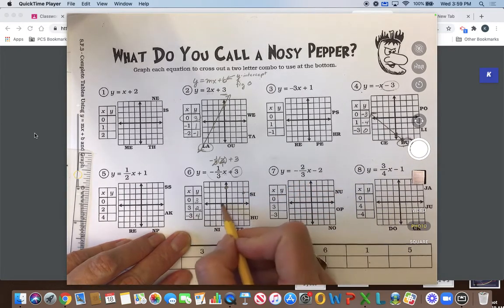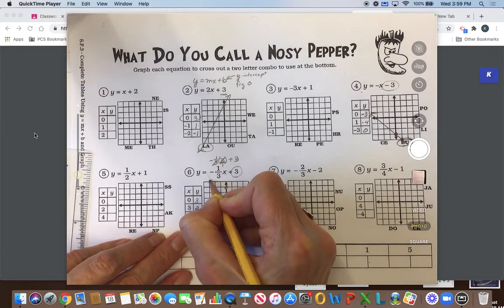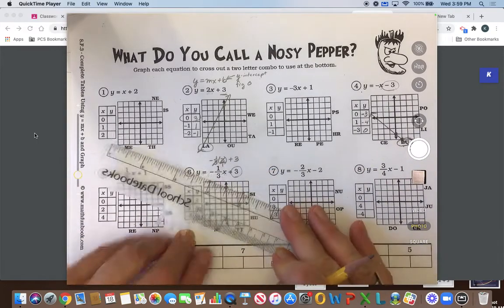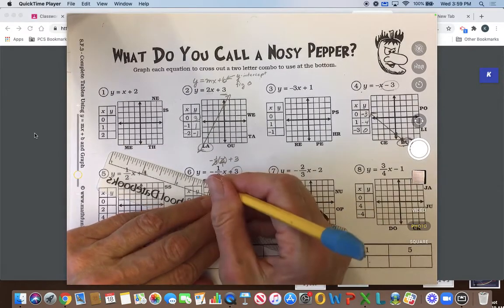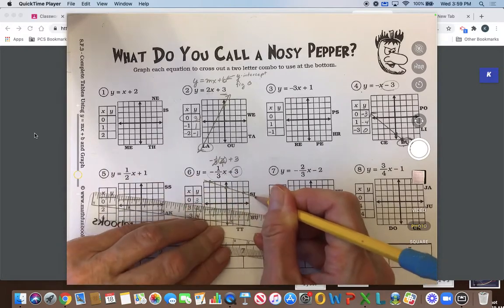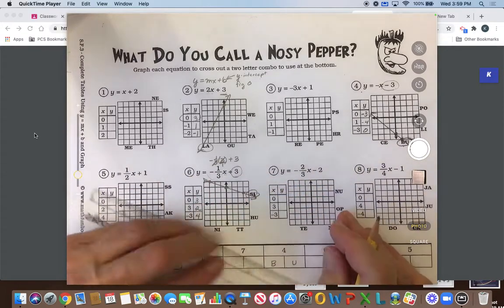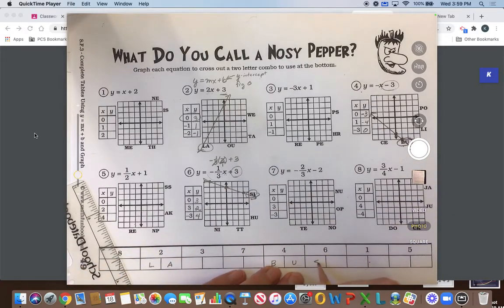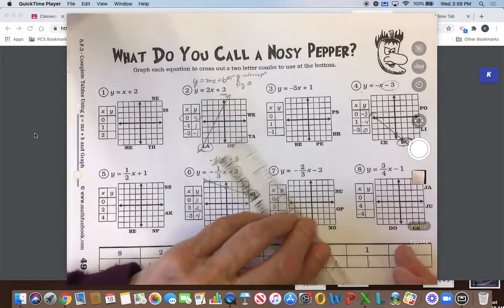And then we've got a negative 3 and a positive 4. Okay, so let's go ahead and graph this. And it looks like we're crossing out the letters SI right here. So that goes into 6, SI.